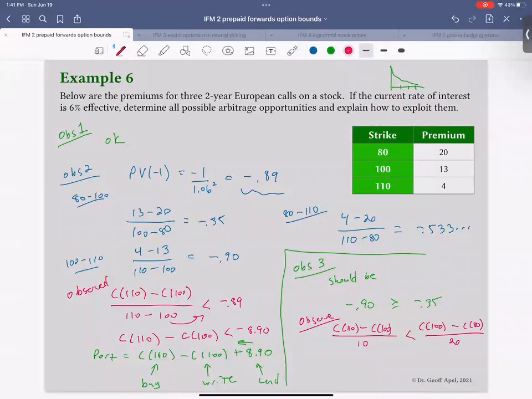And for me, I could just multiply both sides by 20 to make it look a little bit nicer. So I'm going to have here 2 calls at 110 minus 2 calls at 100 less than call at 100 minus call at 80.